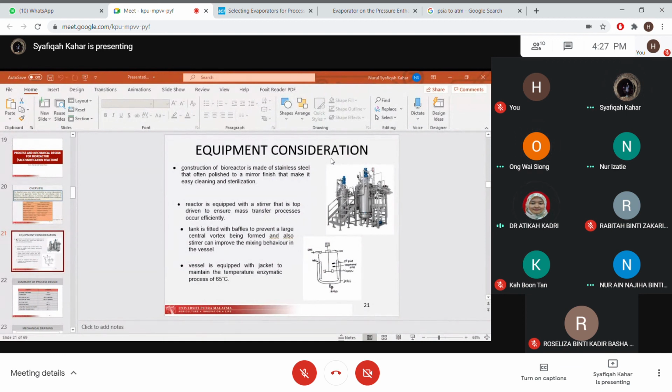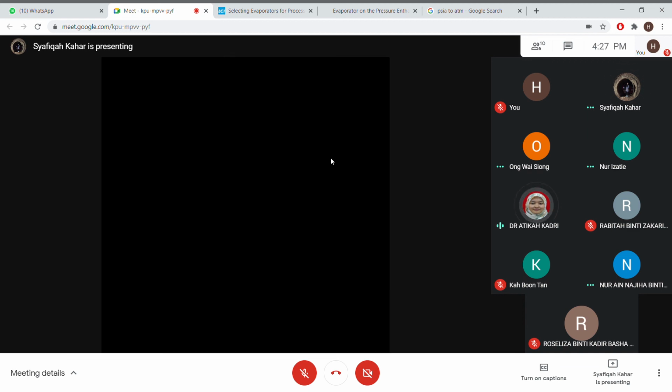Based on the assumption, 1300 cP. 1300 cP. As compared to the fluid that Wai Seong is working with, which one do you think is more viscous? Your liquid or Wai Seong's?